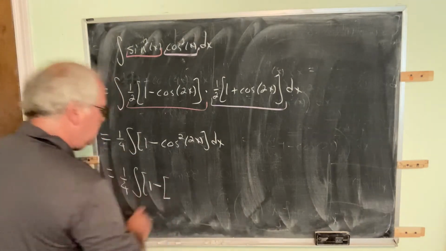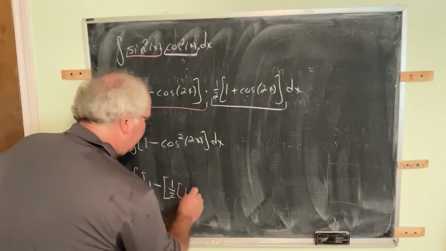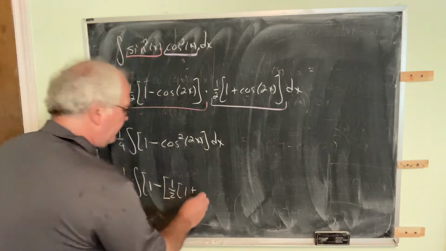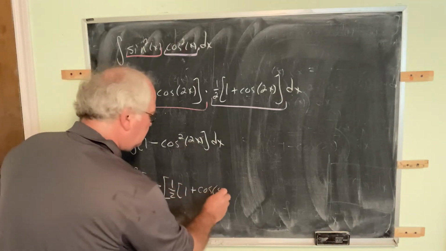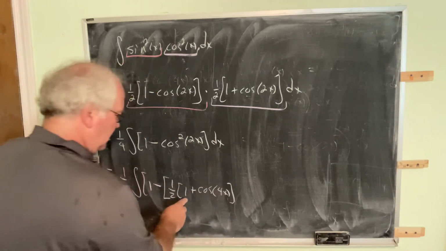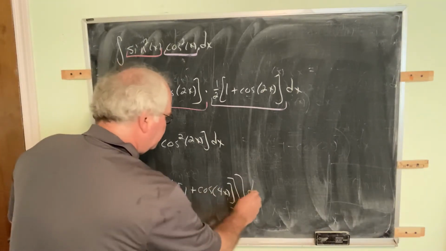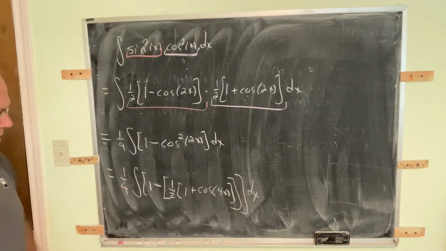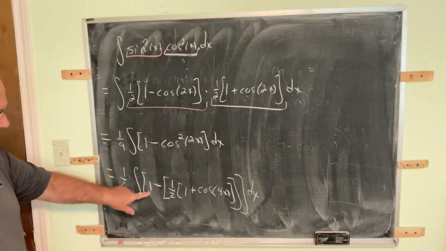This is a brand new 1/2 times 1 plus cosine, and I need to double the angle, so it's cosine 4x. Be very careful, there's stuff all over the place here. This 1/2 I can't bring out front because of here.